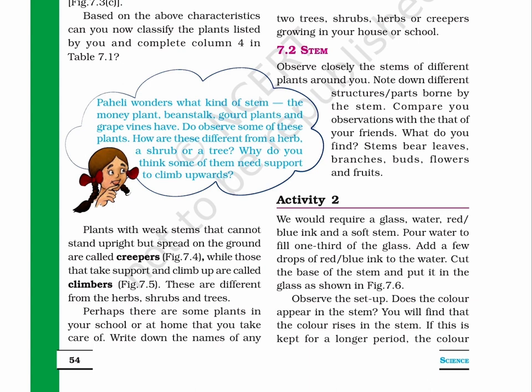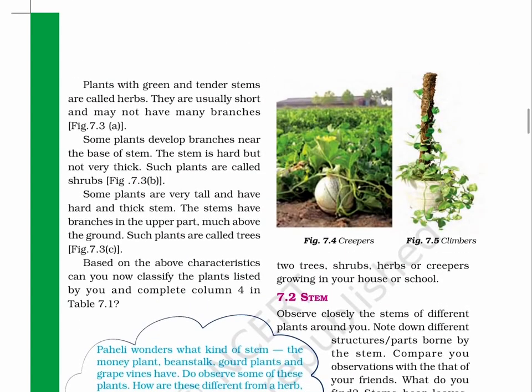Perhaps there are some plants in your school or at home that you take care of. Write down the names of any 2 trees, shrubs, herbs or creepers growing in your house or school. Figure 7.4. Creepers. Figure 7.5 shows climbers.